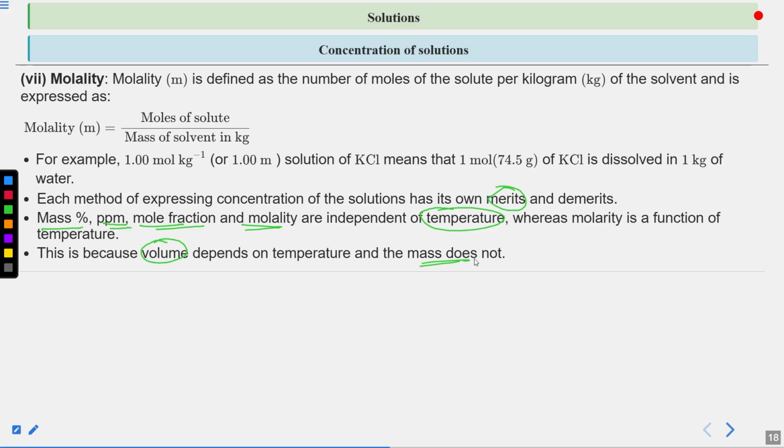Mass is conserved, but volume is not under the law of conservation, so it will change depending upon the temperature, and due to that the molarity is also a function of temperature.